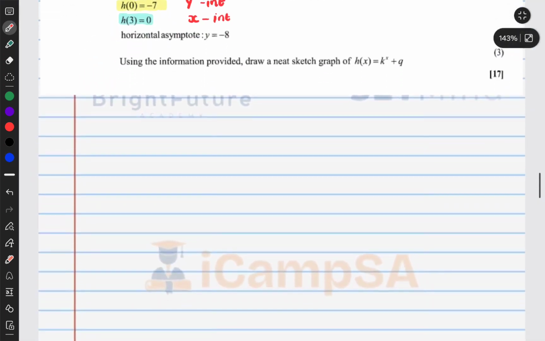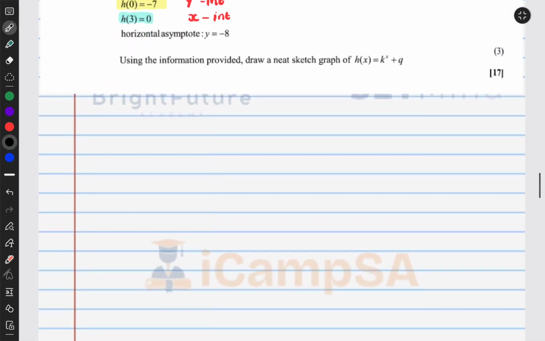Okay, I think we can sketch the graph. Let's start by drawing our x and y axes. This would be your x-axis and this would be your y-axis.